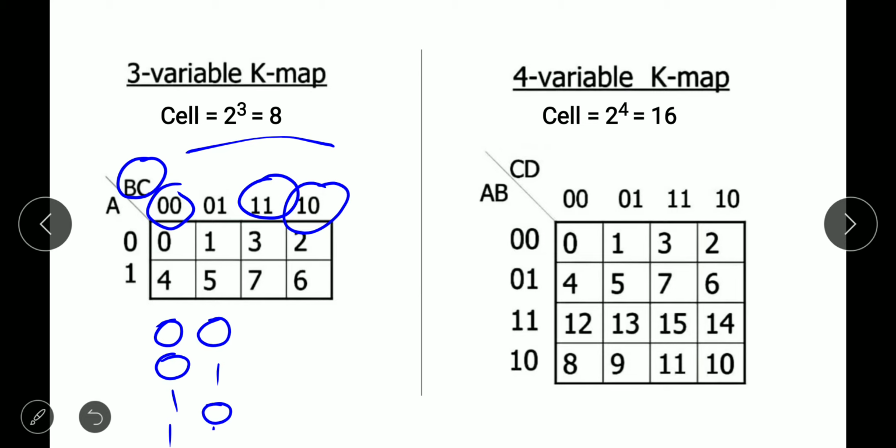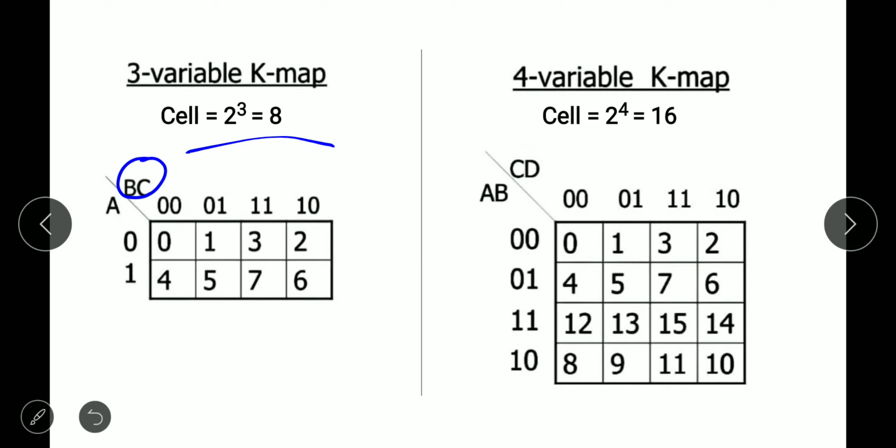Why don't we write like this? Like here 0 0, here 0 1, here 1 0 and here 1 1. Why do we write like this? Because if you see here, only one number is inverted.